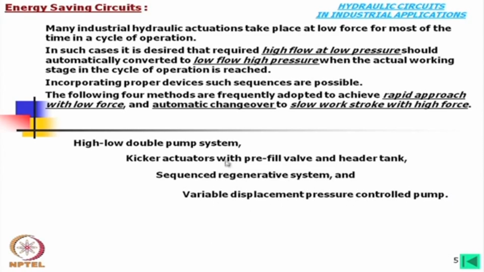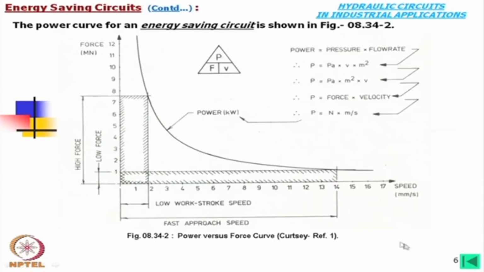Among this there are a few more components, but still perhaps this one will be the expensive one. Still, these four are the common ones adopted to save energy, but these are just general. There are many other arrangements possible, and a combination of these may again give better performance.